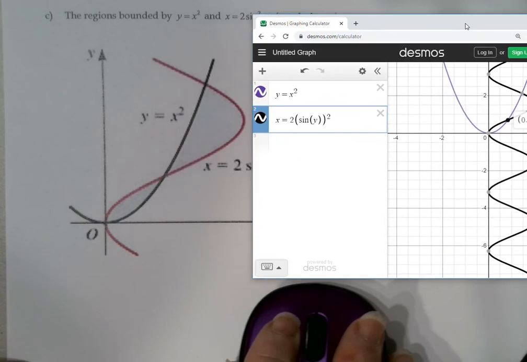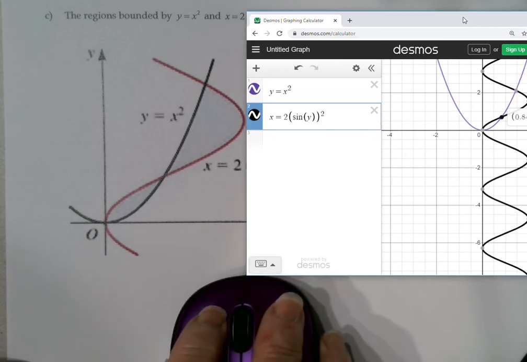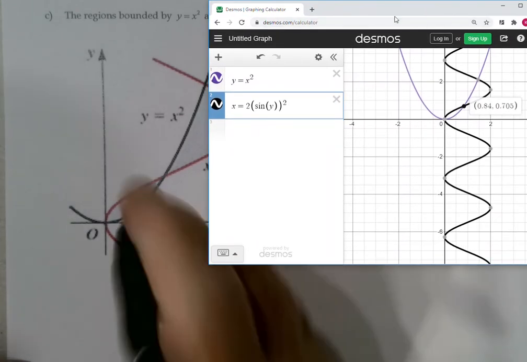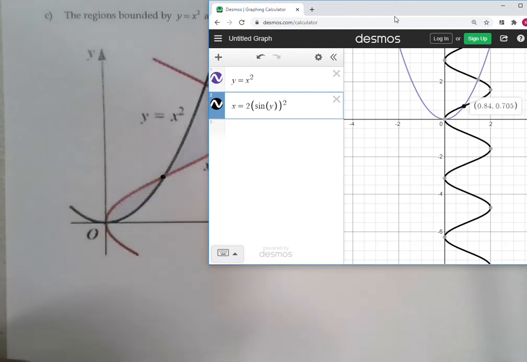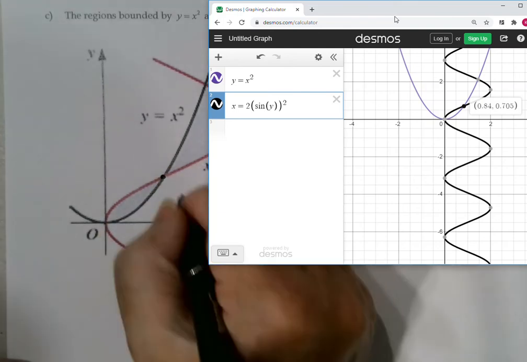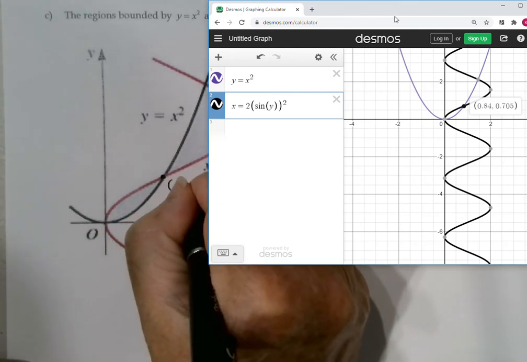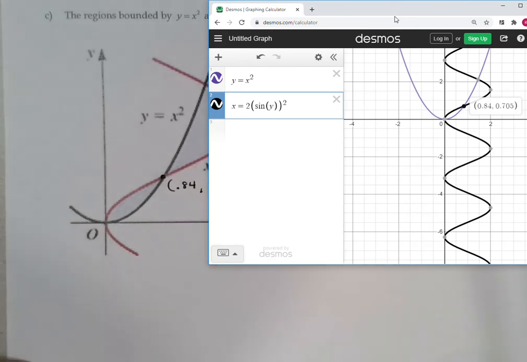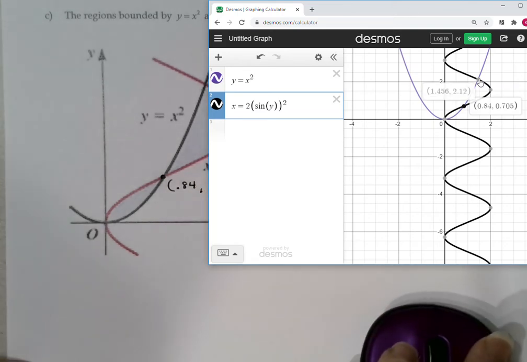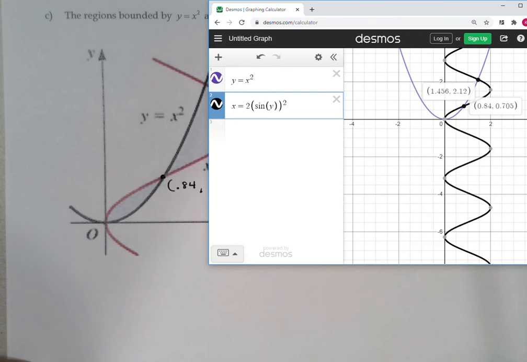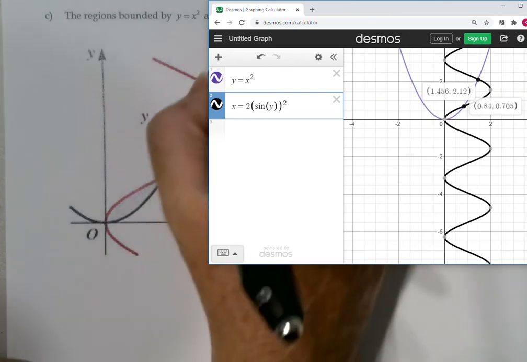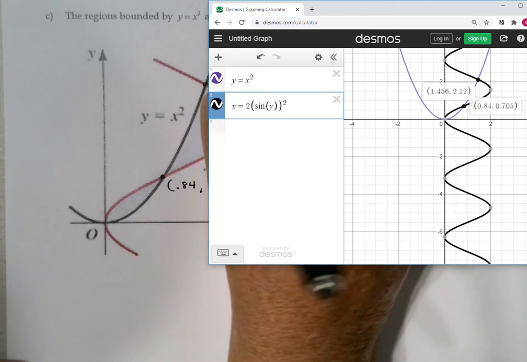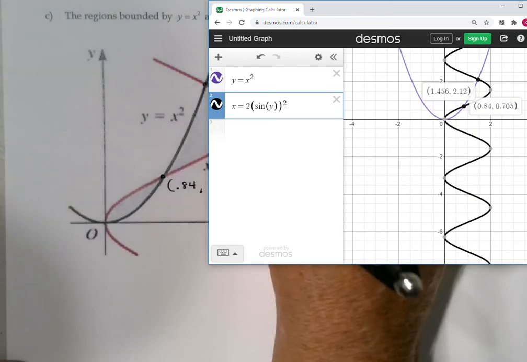That intersection point is 0.84, 0.705. And then this intersection point is 1.456, 2.12.